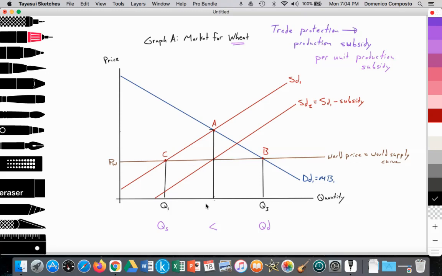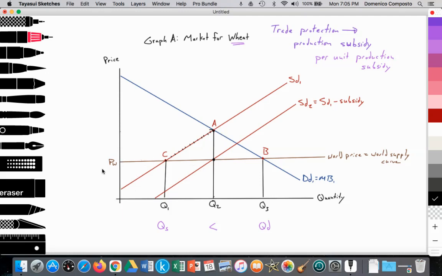All right, at Q2. Firms, as a result of increasing their output, get a subsidy for each unit of output. So they will produce up to point A, subtract the subsidy so they can sell at the world price.